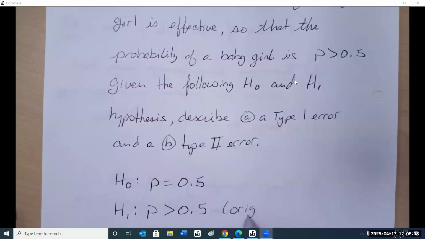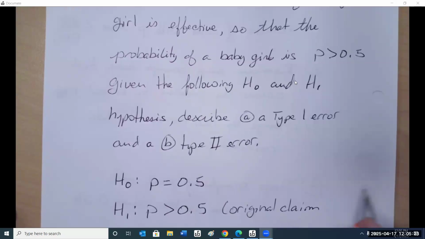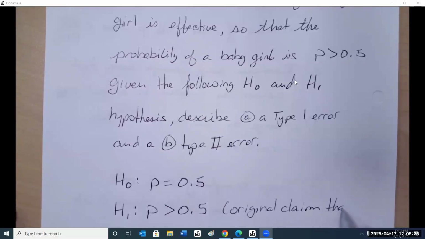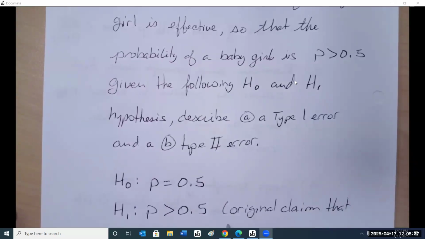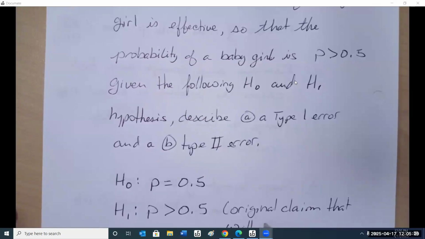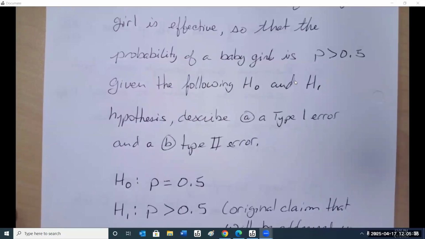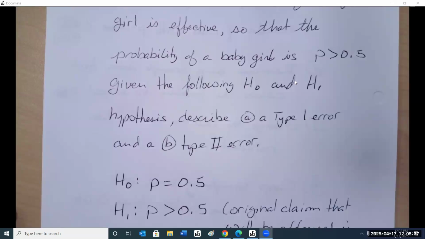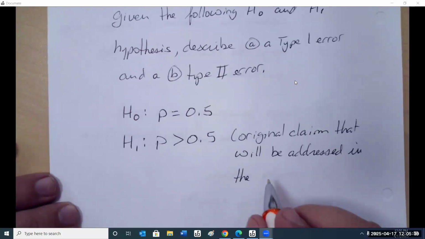So the original claim, bless you, that will be addressed in the final conclusion.